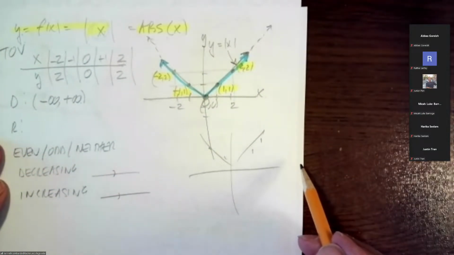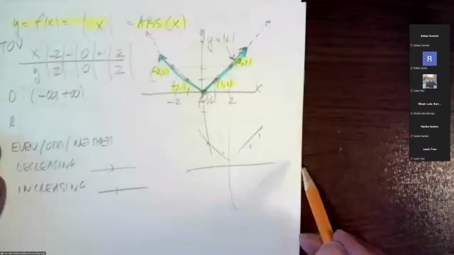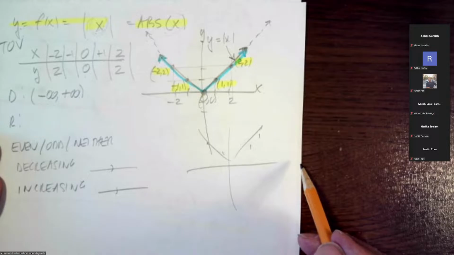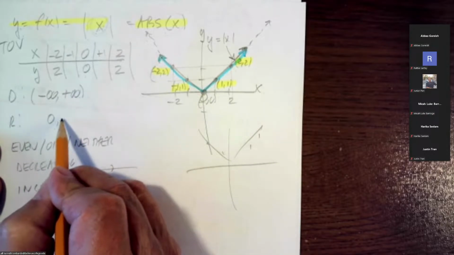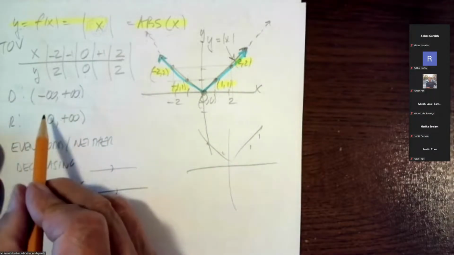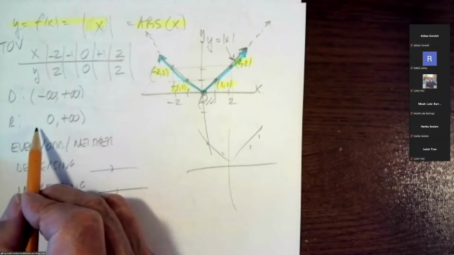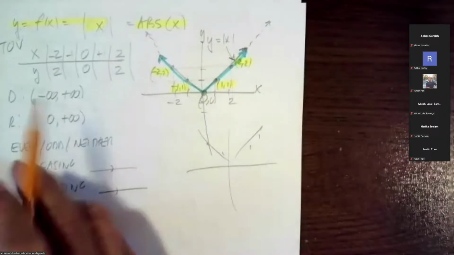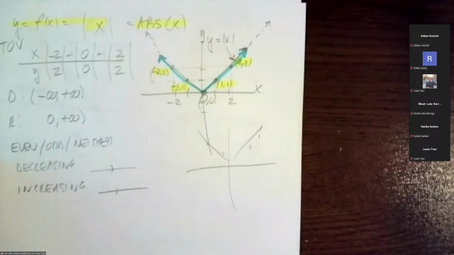Sure. Now for range, we've got the domain on here. How about the range? 0 to +infinity. 0 to +infinity. We know this is going to be a right paren. How about on the left here? Is that going to be a left paren or a left bracket or a left brace, or what's that going to be to accurately describe that?